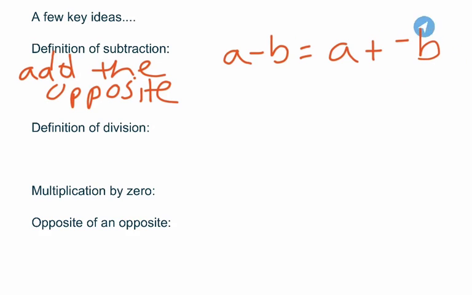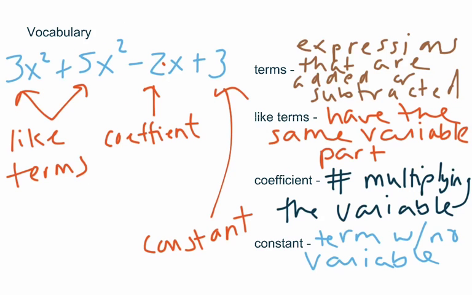It just means you're adding the opposite of whatever number you were subtracting. So for instance, if you had 7 minus 4, or 7 take away 4, that is the same thing as 7 plus negative 4.